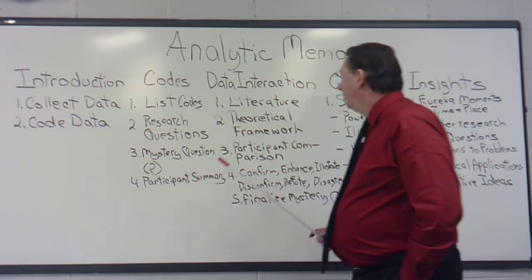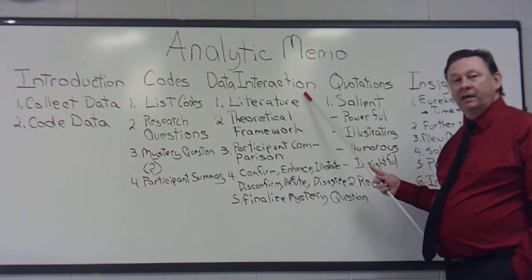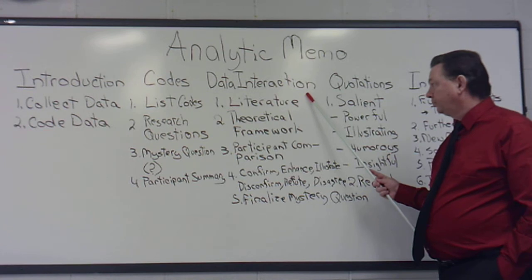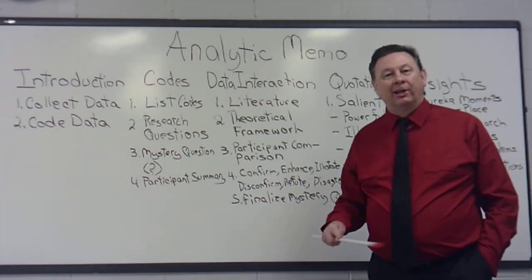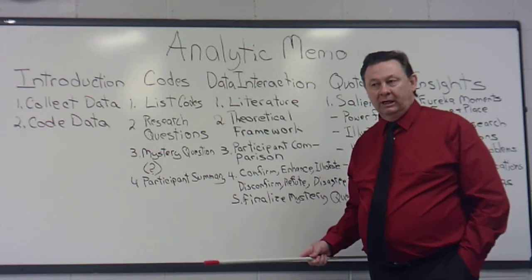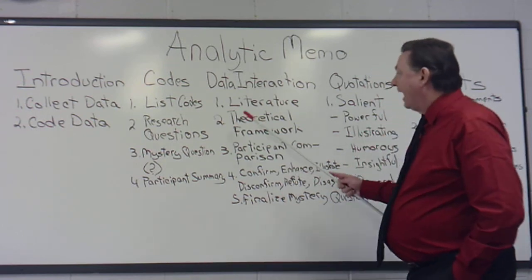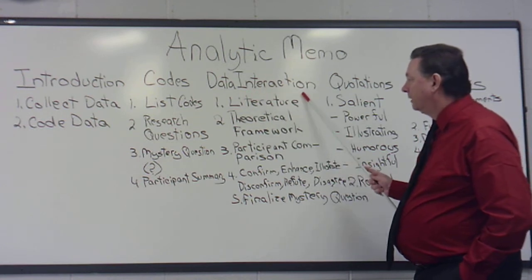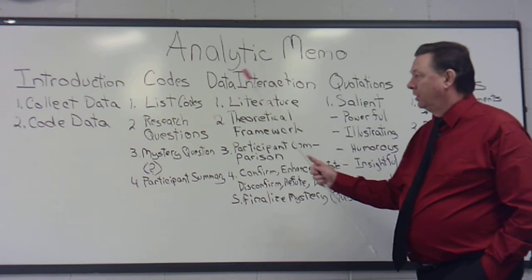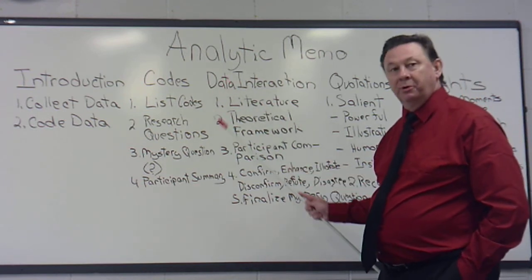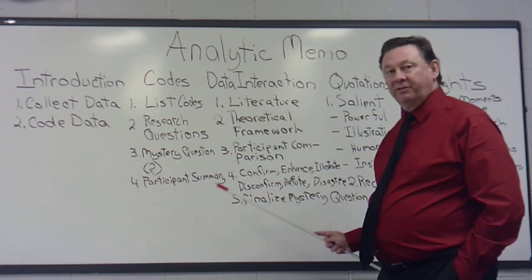And we move on to section number 2, which is called Data Interaction. In data interaction, you want to go back and look at your literature review and look at your theoretical framework and see how did the literature in your study answer research questions number 1, 2, and 3. And you make a brief summary for each one of those.